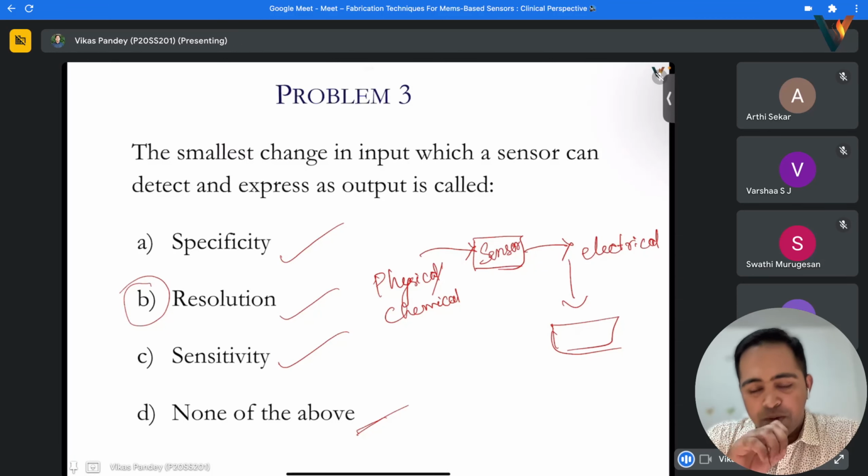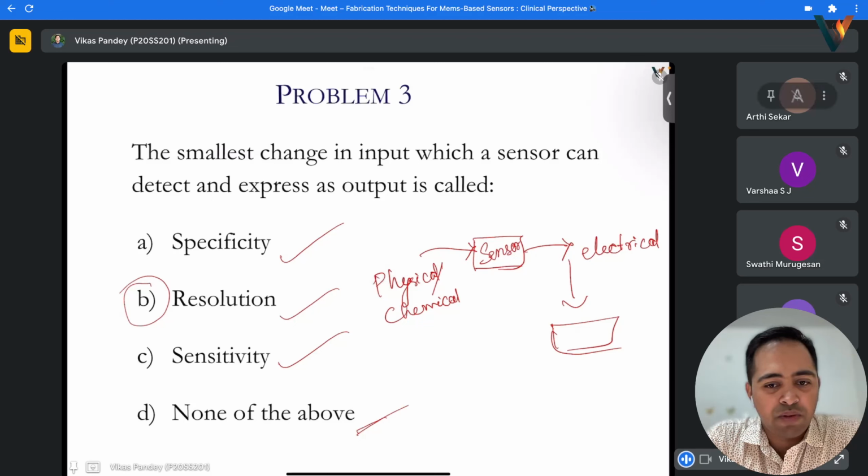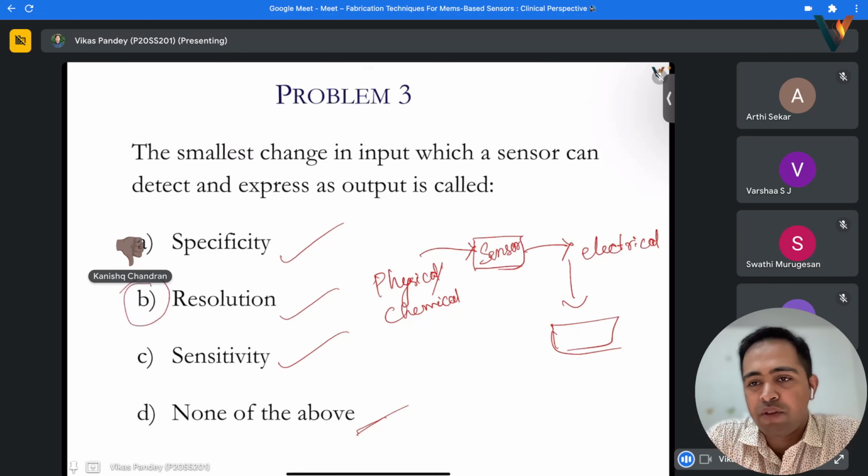Okay. Can you give some example of a sensor that we generally use? Have you seen a glucometer? Anyone, if you check diabetes and all? You can raise your hands also. I think there is an option of raise hand, right? Have you seen a glucometer? Okay, you have not seen.